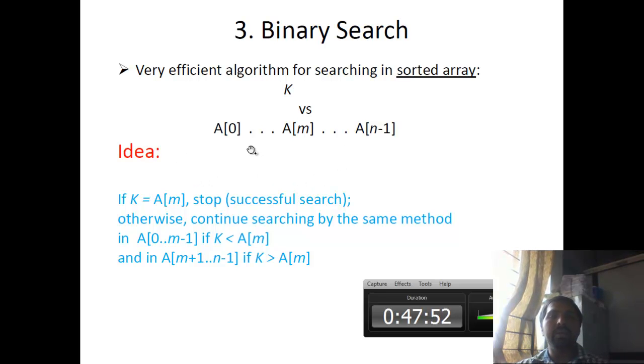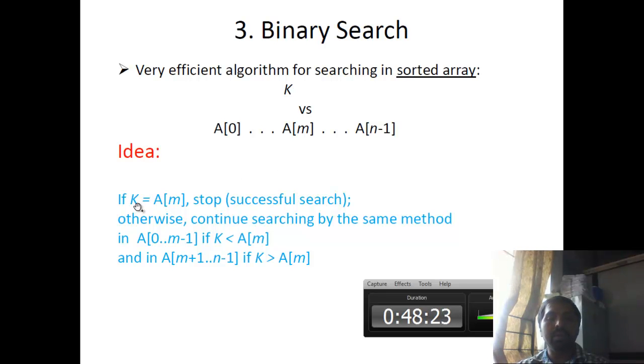So the idea is that based on the mid position of the list, we divide it into two problems. When searching for an element using binary search, first we need to compare the key element with the mid position of the list. If the key element is less than the mid position element, then we go to the left side, otherwise we go to the right side, applying the same procedure until we identify whether the element is available or not.